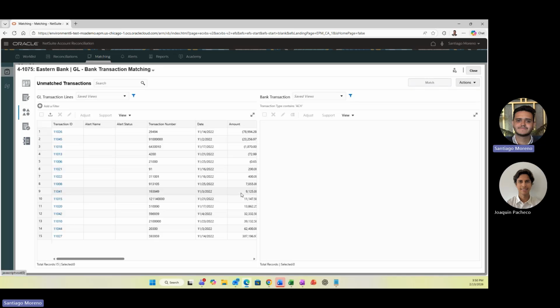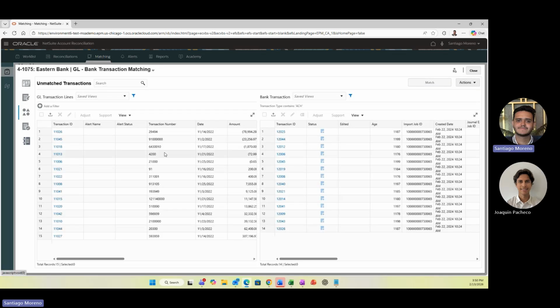I can always go here into the unmatched transactions card on the left side, and this will display all of those pending transactions that I haven't been able to identify with my rules. Ideally, if we have really strong rules and a really strong process for how we're registering those transactions, we should be able to minimize the number of outstanding transactions left.